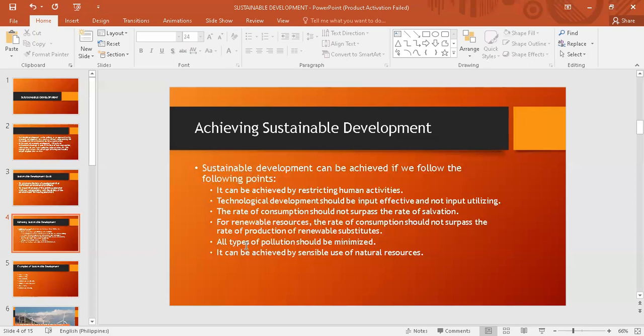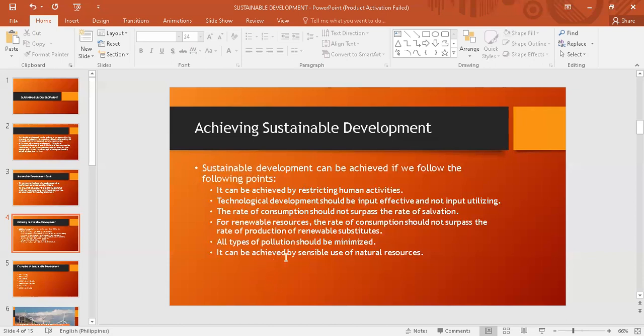So mga pollution such as yung mga usok galing sa mga sasakyan. Kaya nga meron tayong traffic coding, para konti lang, pero ganun pa rin, nag-e-emit pa rin ng pollution. Air pollution, water pollution, and other pollution must be minimized for us to achieve sustainable development.